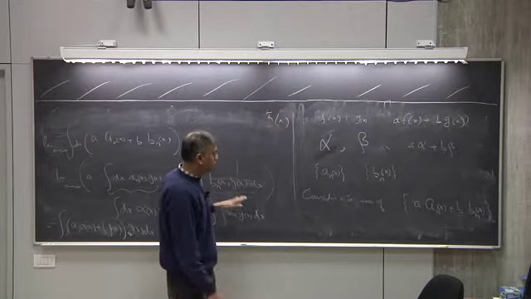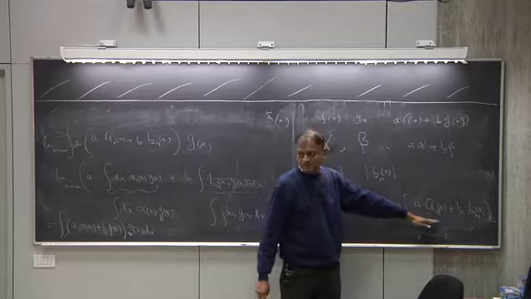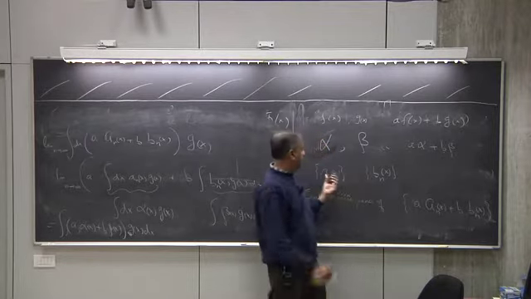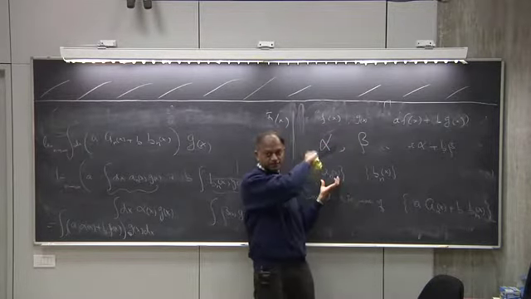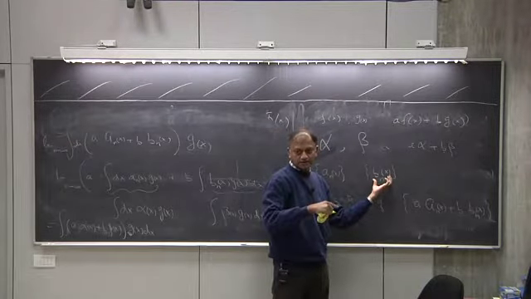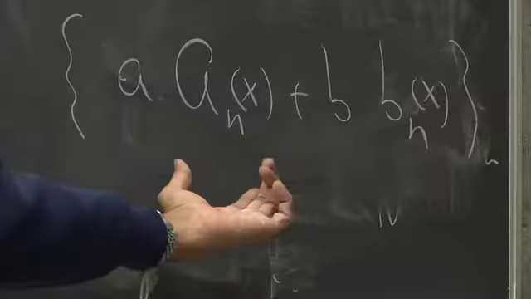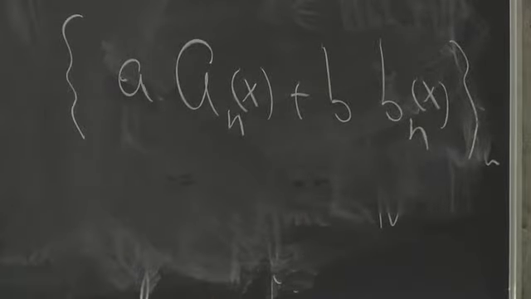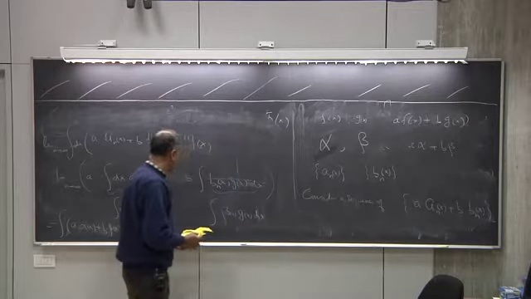The main point here to show was that this sequence also converges, right? Given that this sequence converges in the sense of the integral, this also converges in the sense of the integral. Then this sequence will also converge. That is the main point to prove here.